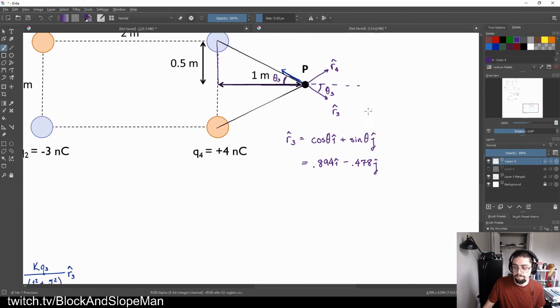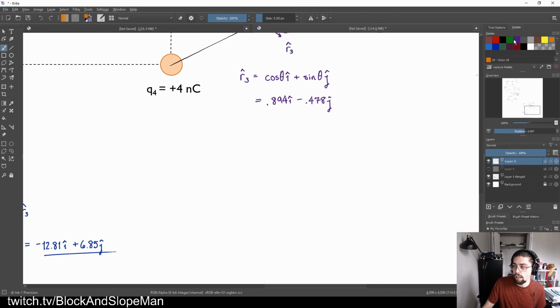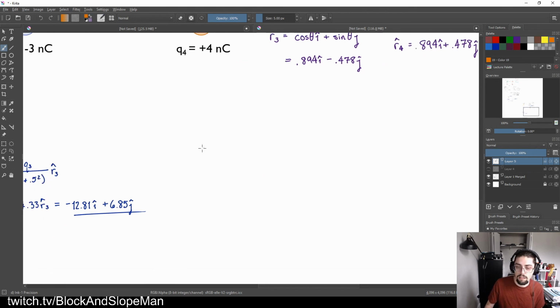Right. Plug in all of my numbers. And again, in the same way, I can say that R4 hat, because it's the positive version, the cosine does not change, but the sine does. Right. These shortcuts that we get to take along the way make ugly problems at least a little bit more bearable.